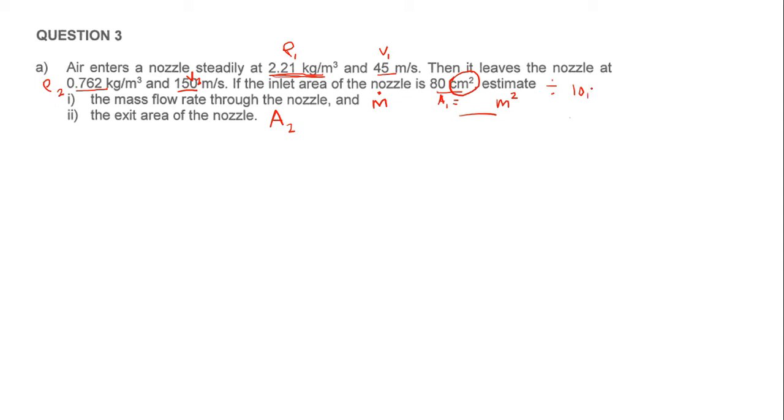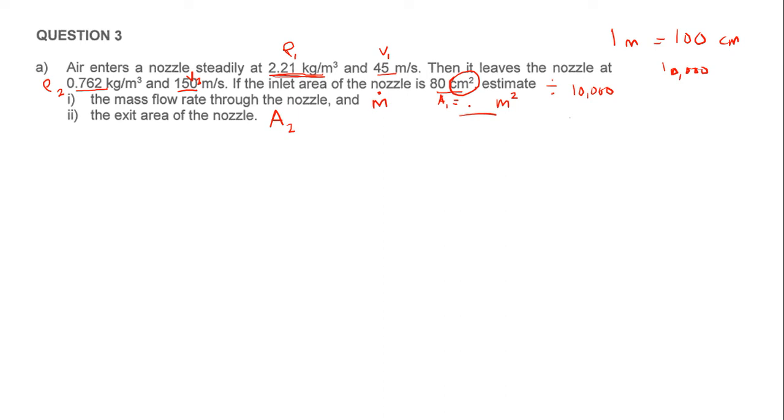Good. If 1 meter equals 100 centimeter, and it is squared, then you just do 100 squared, that will be 10,000.